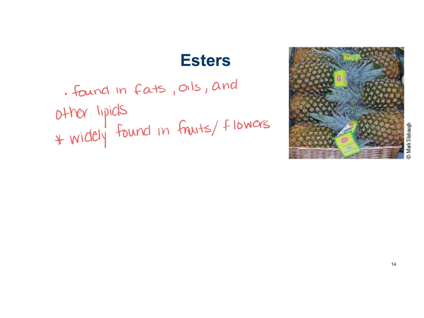So we talked about a carboxylic acid. If you take butanoic acid, which is CH3, CH2, CH2, C double bond O, OH, that's our carboxylic acid, and you react it with ethyl alcohol.